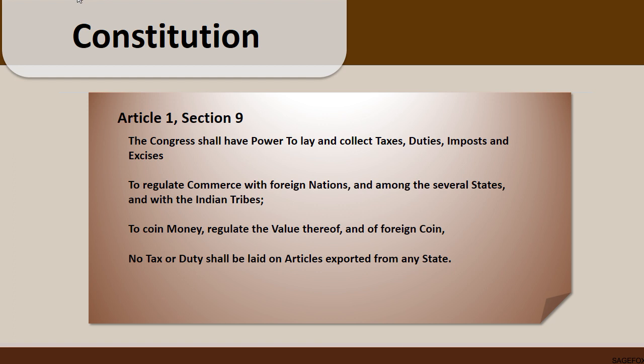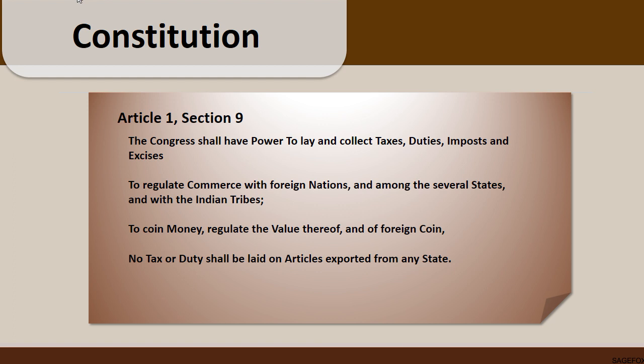Then it says, this is Article 1, Section 9, right? Which is, we should know by now, the powers of Congress, the things that Congress has the power over. So then it says Congress has the power to regulate commerce with foreign nations, and among the several states, and with the Indian tribes, which were sort of foreign nations within the United States.